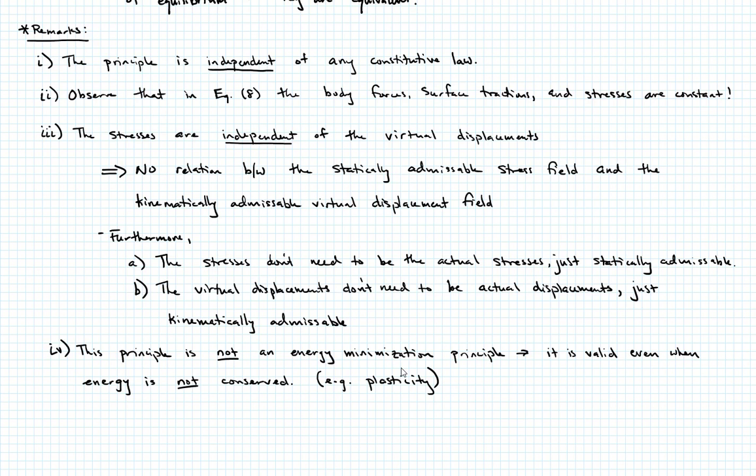In particular, we're going to get the principle of minimum total potential energy out of this. So it does turn into that, but we have to specify the constitutive law for that to hold. In particular, the strain energy density has to be a potential function, which is true only for elastic materials.